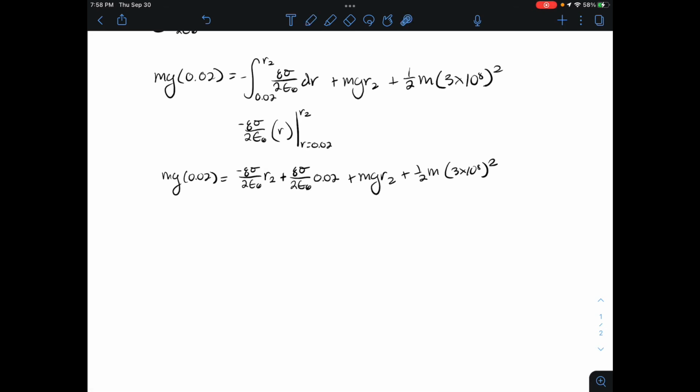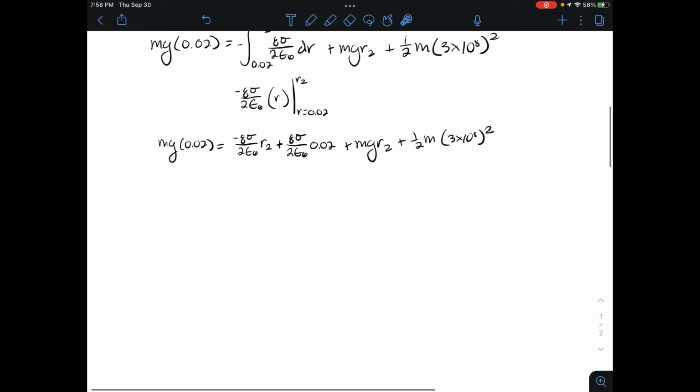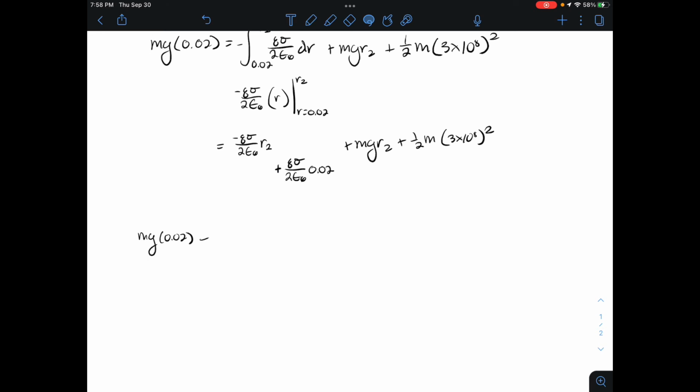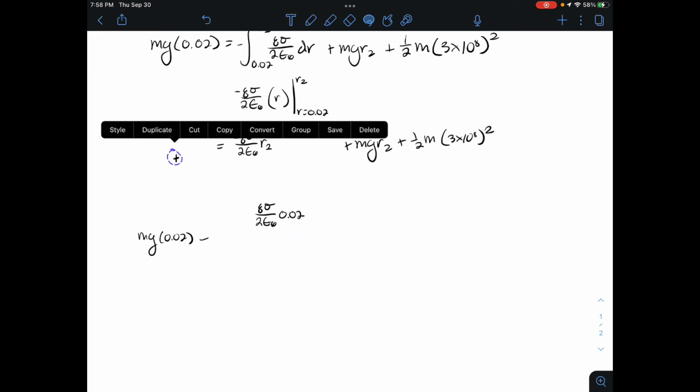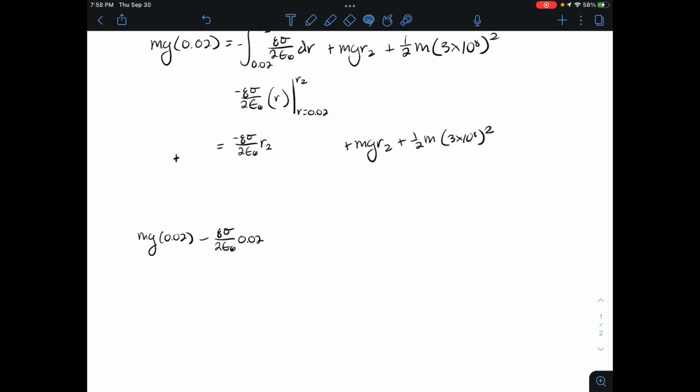Now I'm going to move all the constants, anything that doesn't have an R2 in it, I'm going to subtract and move over to this side. So I'm not rewriting everything, I'm just going to literally move things. So we're going to have this minus this, get rid of the plus sign, but minus this, minus this, that's going to be equal to this plus this.